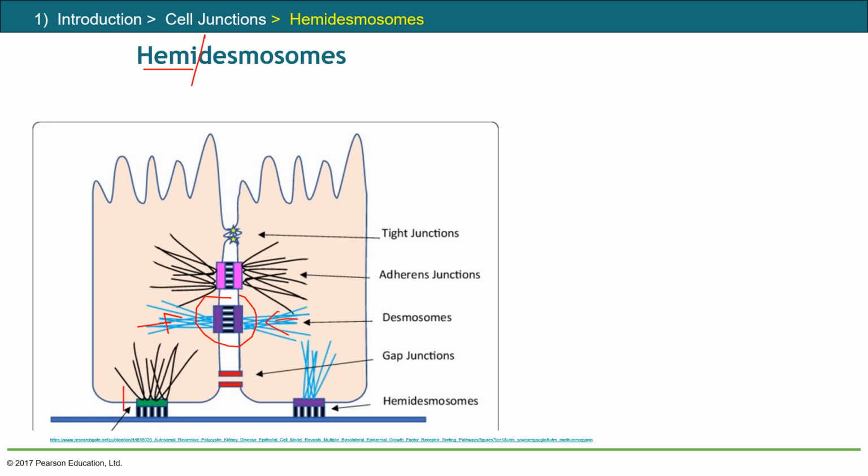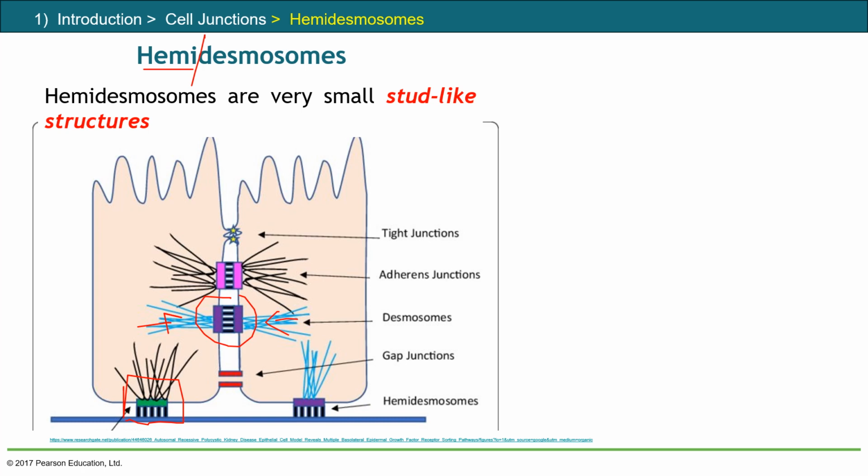So you can see them here, and they look like a comb or like a stud. They are located not between cells, but between the cell and, here in blue, the basement membrane. They also produce a strong support, but not between adjacent cells, but between the cells and the basement membrane.